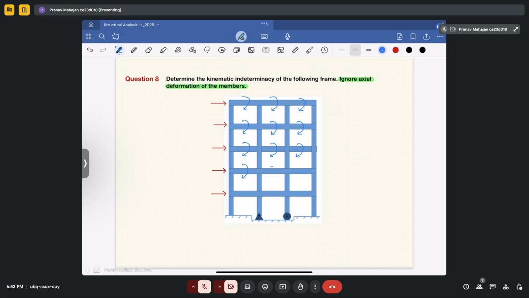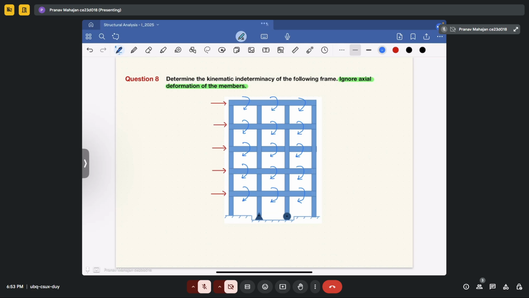So these are the values, or these are the directions of the reactions that you will observe as your unknowns, or you can say these are the independent coordinates that are available in that problem to act as a kinematic indeterminacy.